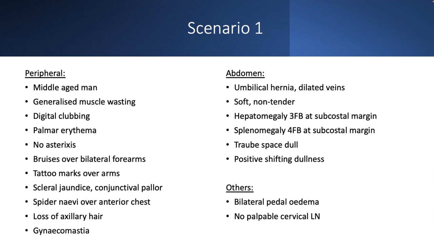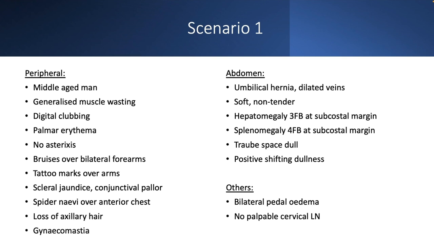Other possibilities could be fatty liver disease as well as liver cancer. Any other differentials? Infiltrative conditions like hemochromatosis or autoimmune hepatitis.